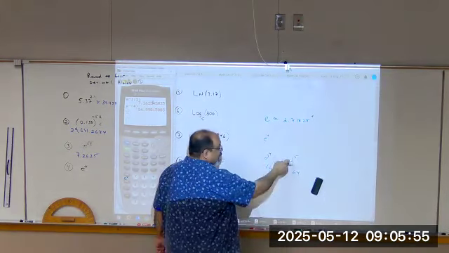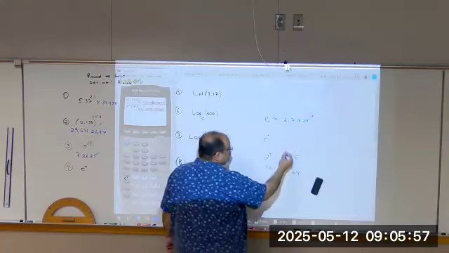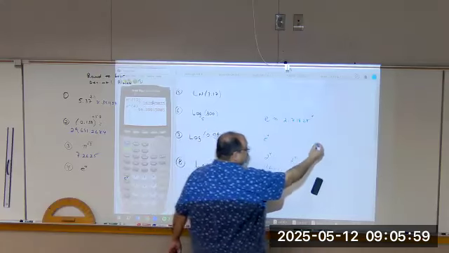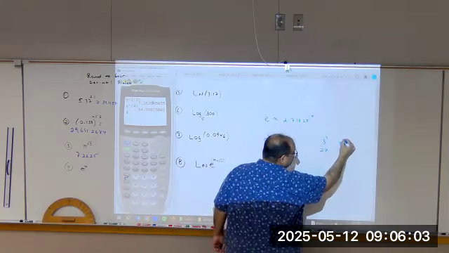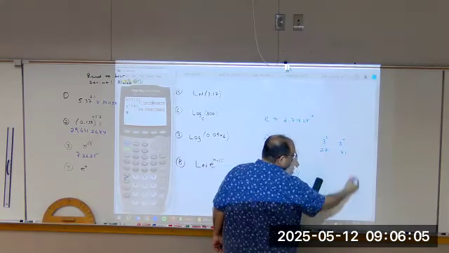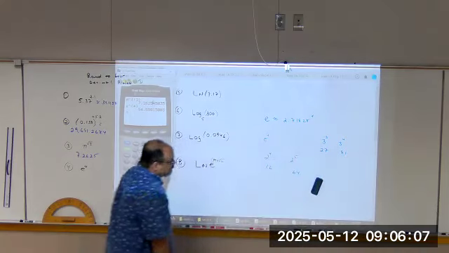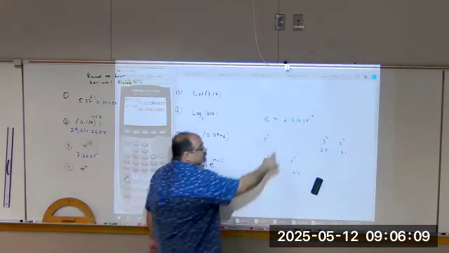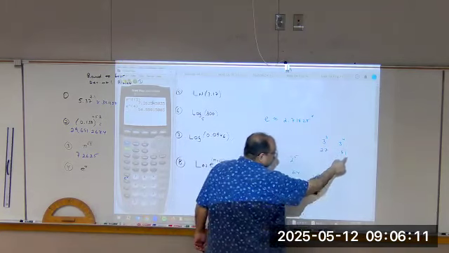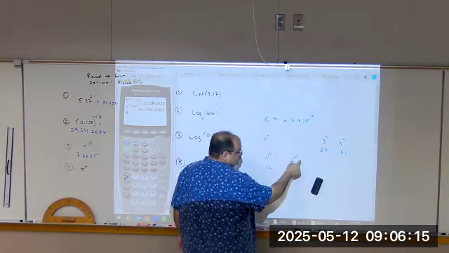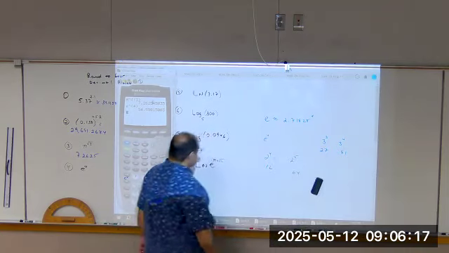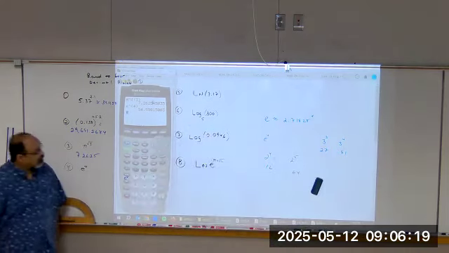That doesn't help a whole lot, but that's close to 3. 3 to the 3rd is 27. 3 to the 4th is 81. So we know it's smaller than 3 to the 4th, bigger than 2 to the 4th, and less than 2 to the 5th.